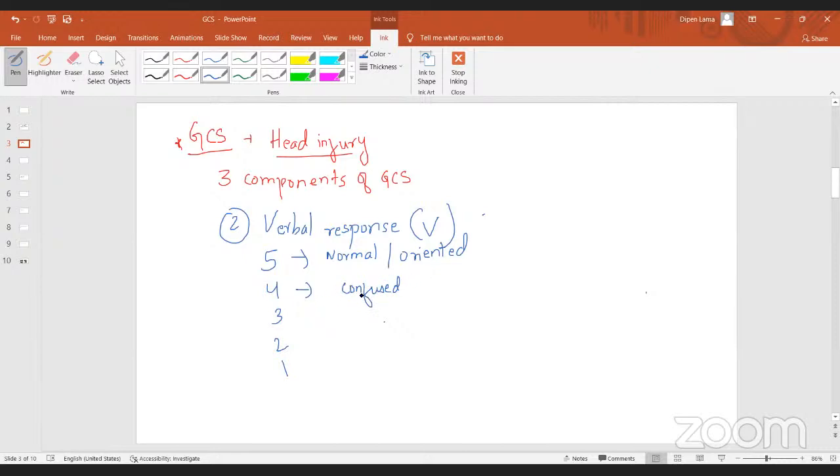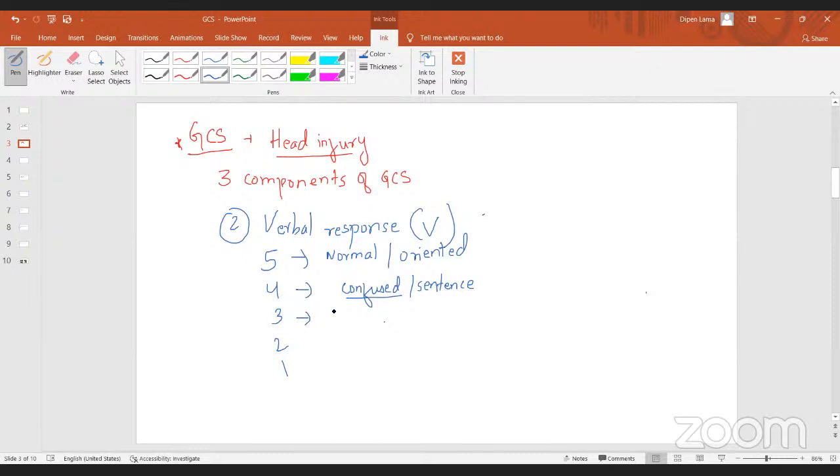If he or she is confused, he or she may say, where am I? Like confused. If he or she gives confused sentences, it should be confused, but not oriented. So confused is the important term here in V4.